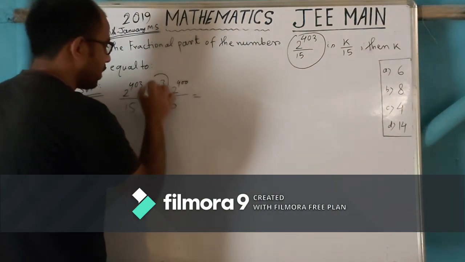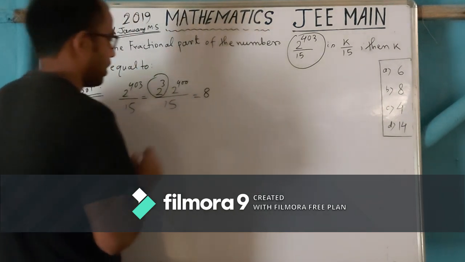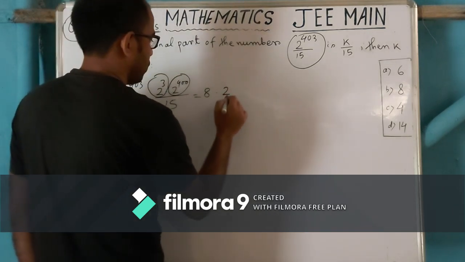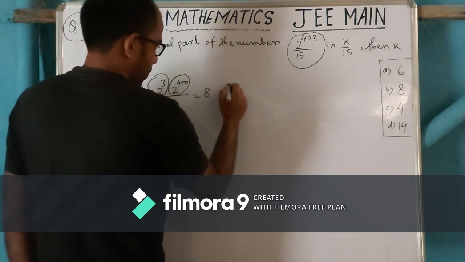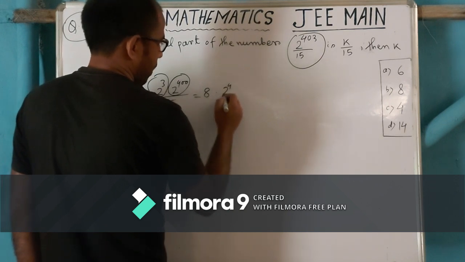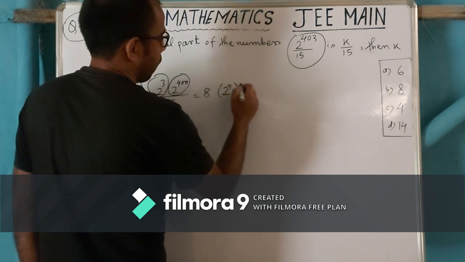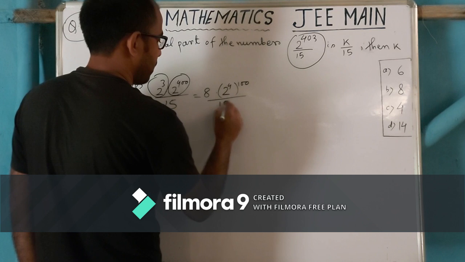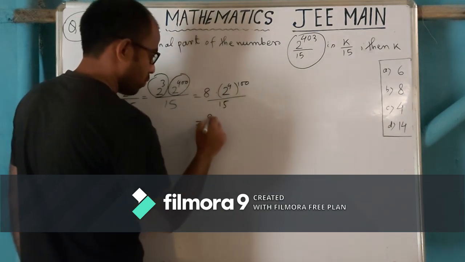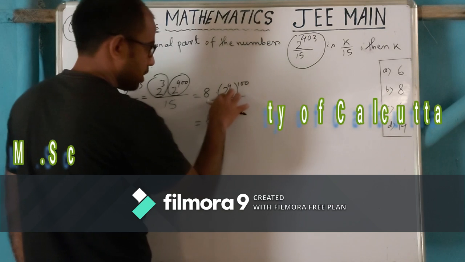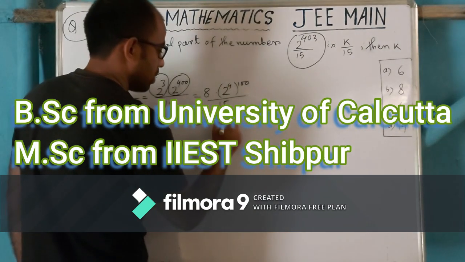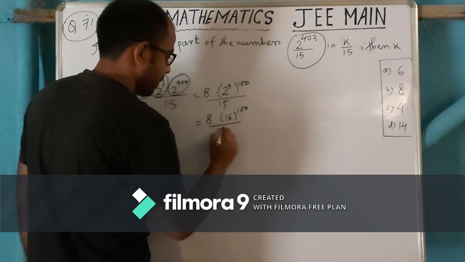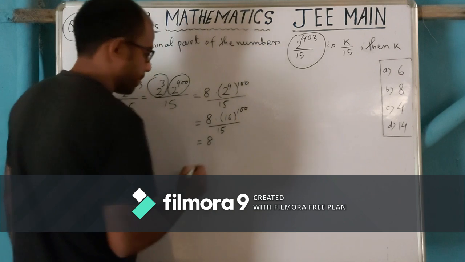This value is 8, and we can write 2 to the power 400 as 2 to the power 4 into 100, and 2 to the power 4 equal to 16, so 8 into 16 to the power 100 by 15.